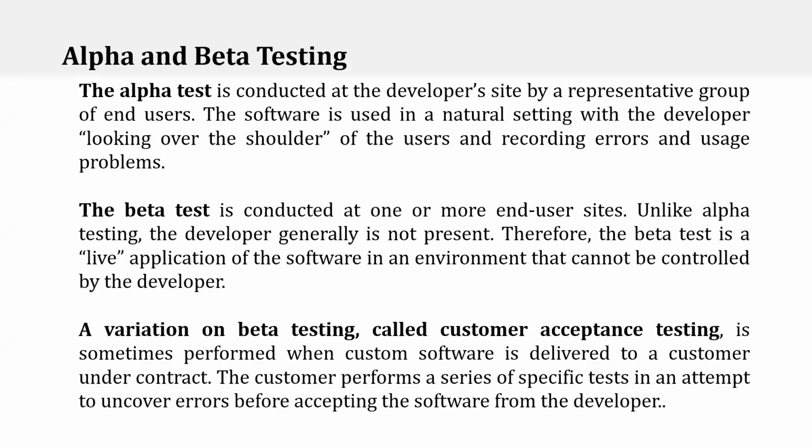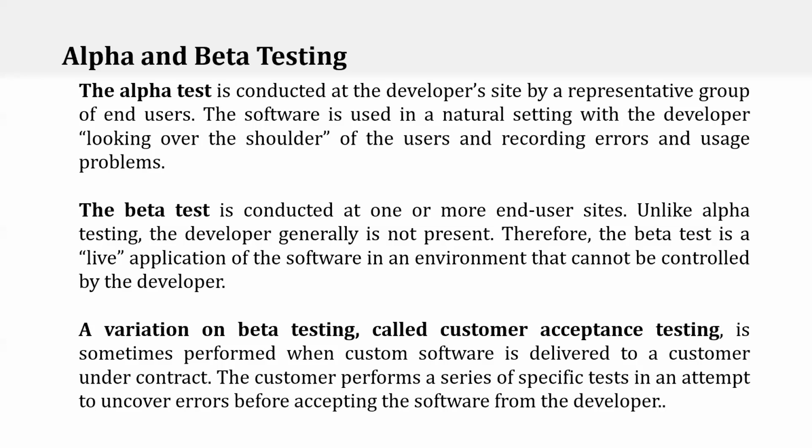Okay, what is alpha and what is beta testing is, as the name specifies, the similarity between alpha and beta testing is both will be done with the user case. That is the similarity.